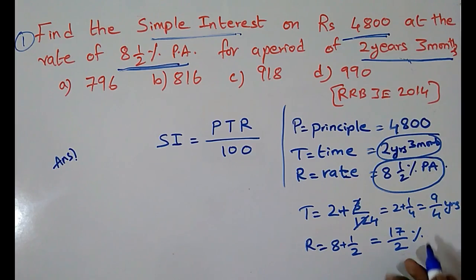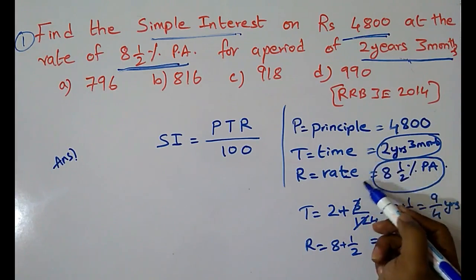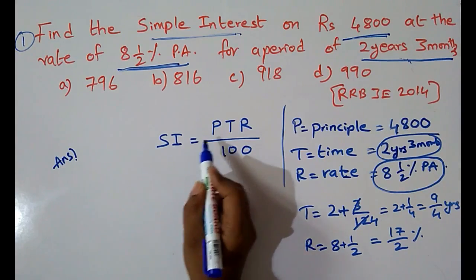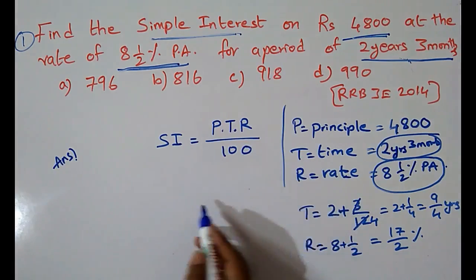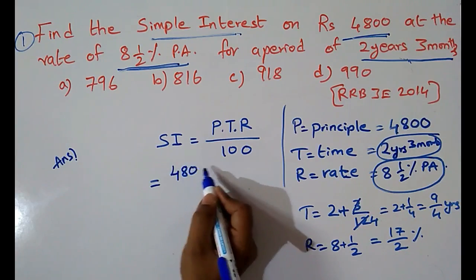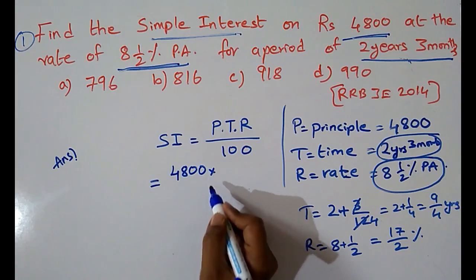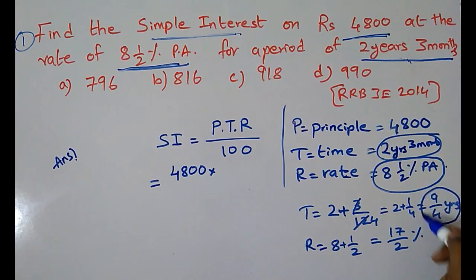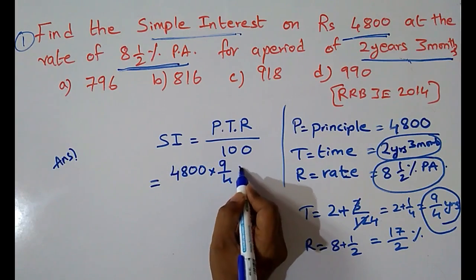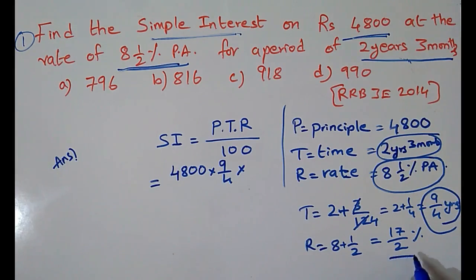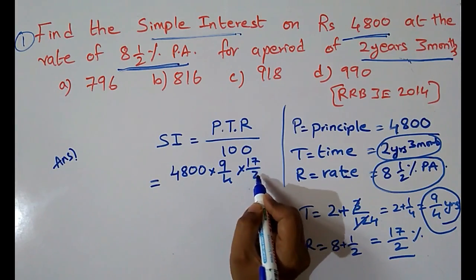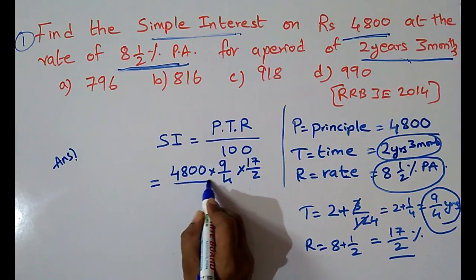If we substitute this principal, time, rate in the formula, simple interest is given by P into T into R by 100. Principal is 4,800 into time, which is 9 by 4, into rate, which is 17 by 2%, divided by 100.